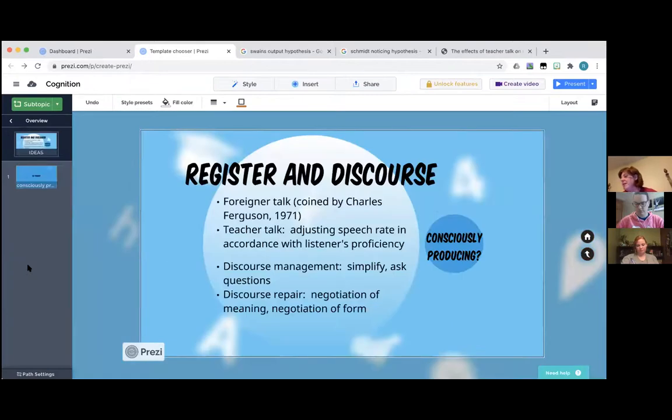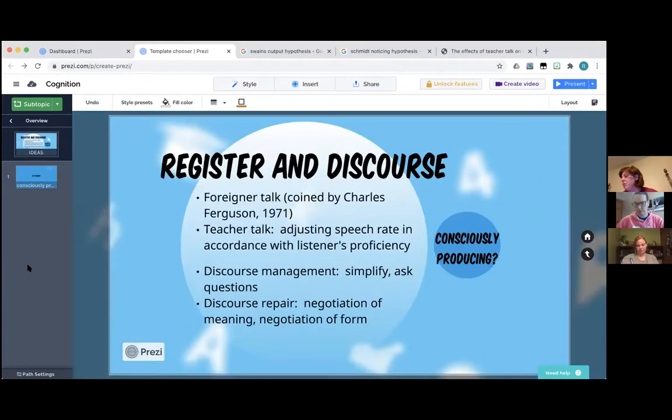So the next thing I want to talk about is register and discourse, and it is on page 148, discourse management and repair, and this talks about negotiation of meaning and negotiation of form.